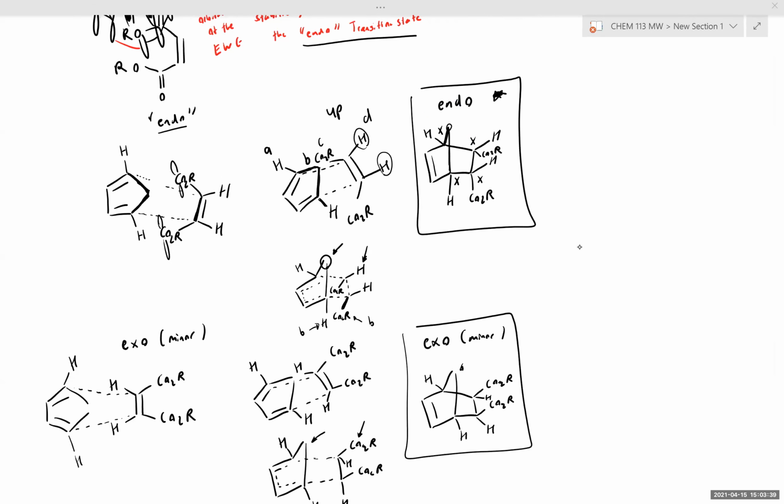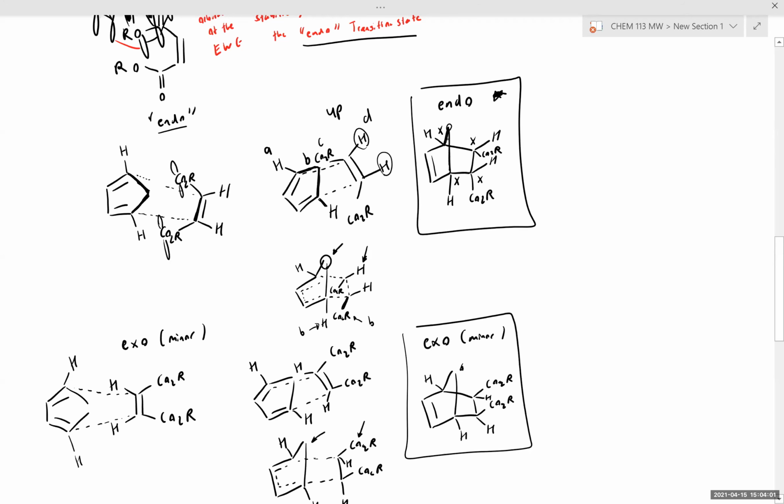The main difference between exo and endo is the relative stereochemistry. The point I'm trying to bring up is the fact that looking at our diene, when both of these alkyl groups are quote unquote inner alkyl groups, as part of the endo approach, they end up on the same face pointing up.